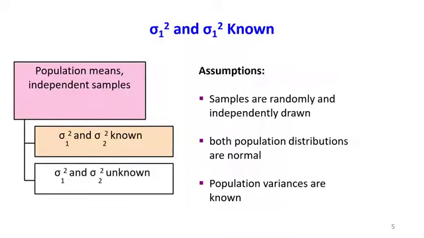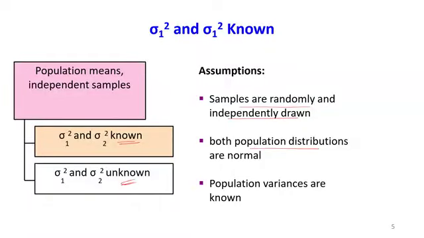Now we'll take this scenario, and let's suppose we are talking about independent samples. Independent or dependent samples will come up a lot, but in this particular scenario where my population variances are known to me, we generally consider that these two populations are independent. For example, the samples are randomly and independently drawn, which is why they are known as independent samples.